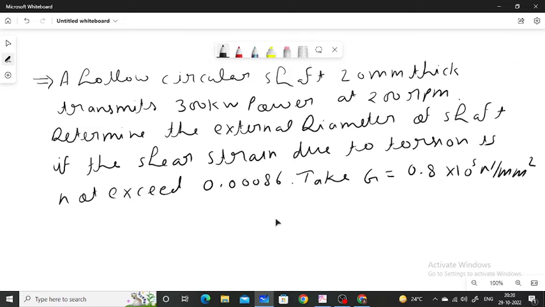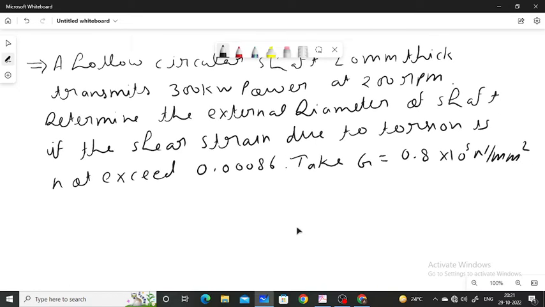Determine the external diameter of the shaft if the shear strain due to the torsion does not exceed 0.00086. Take modulus of rigidity G equal to 0.8 into 10 to the power 5 Newton per mm square. Okay, let us solve this problem.